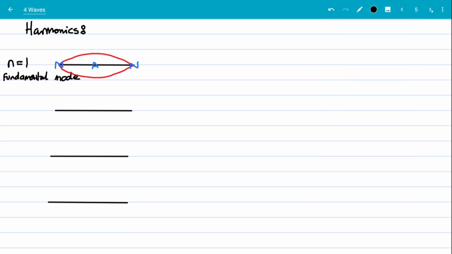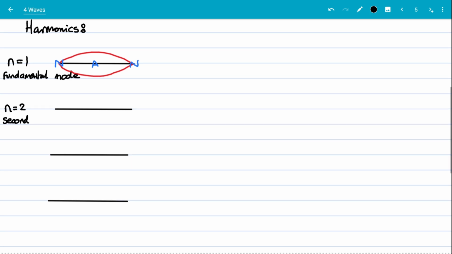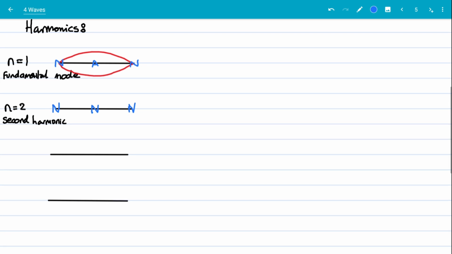Now the second harmonic, n equals 2, looks slightly different, because now we have still got a node at each side. We are taking the situation where we have 2 boundaries that are fixed, but we also have a node in the middle, and therefore we would have antinodes at the points halfway between the nodes.